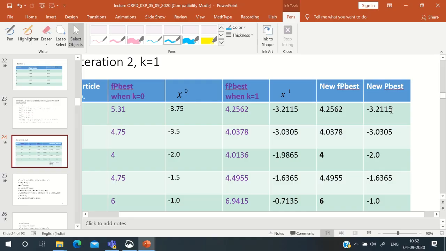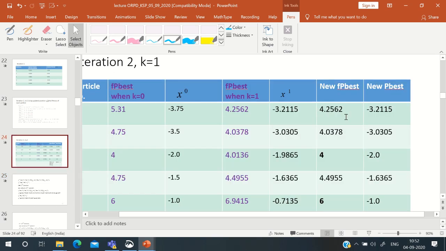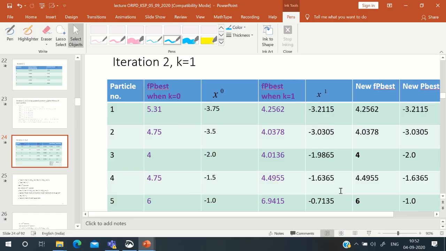It means every particle tries to minimize the distance between its current position and the personal best position ever obtained until this iteration. So this is the p best for the first particle. The same procedure applies to the remaining particles.